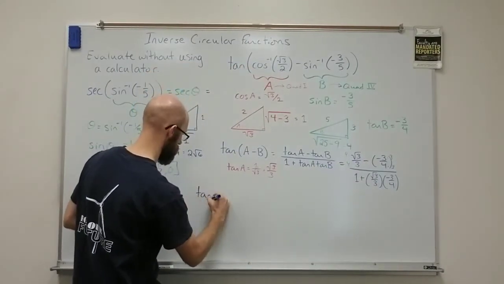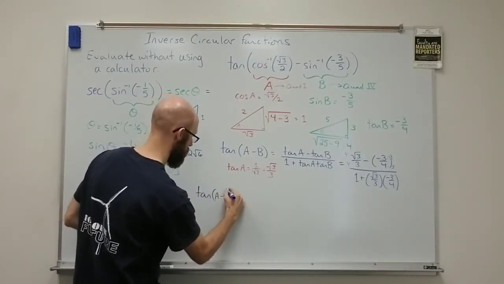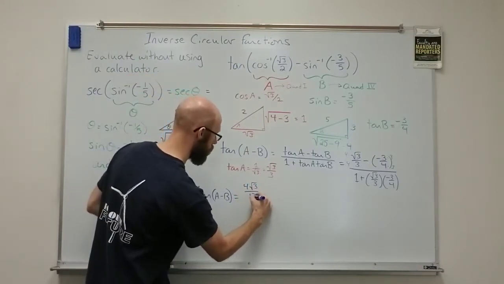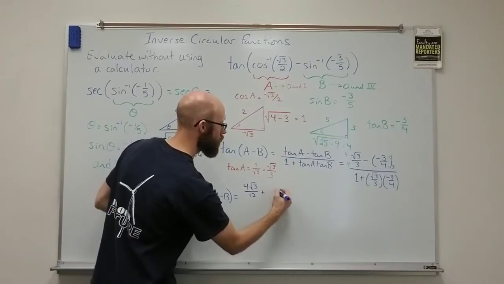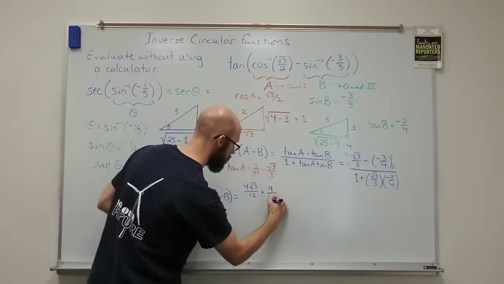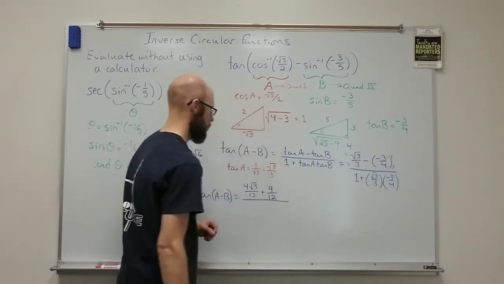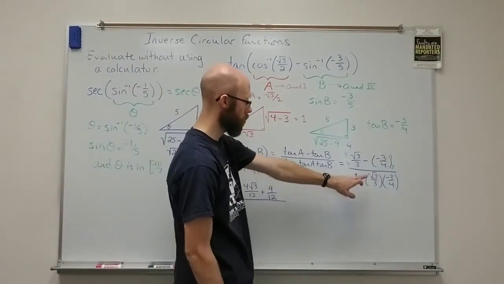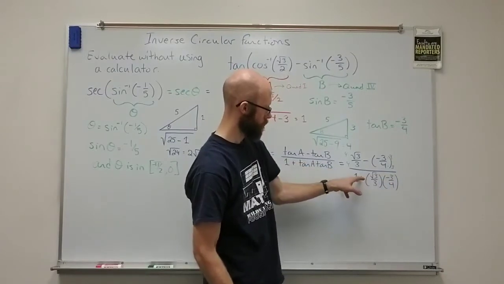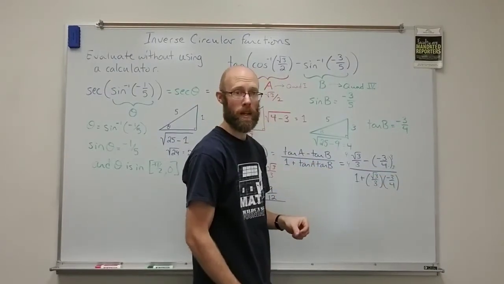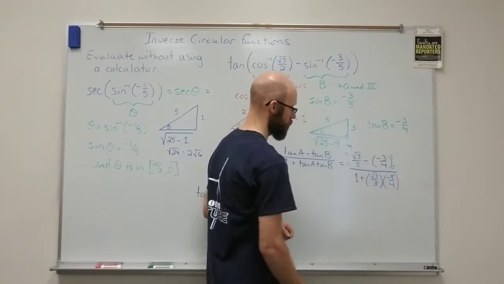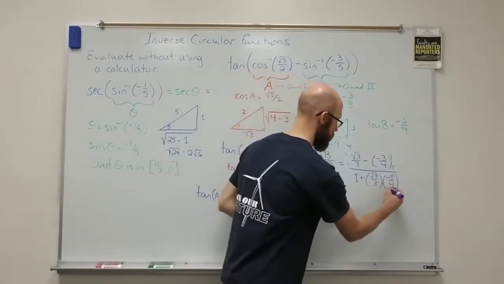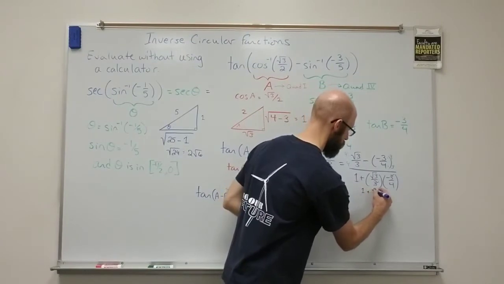So let's see, we're going to get 4 root 3 over 12 plus 9 over 12. And then my denominator has a 1. Oh, let's simplify this. The positive with the negative is going to be a negative. The 3's will cancel. So it's going to be root 3 over 4. Right? So this is 1 plus root 3 over 4.